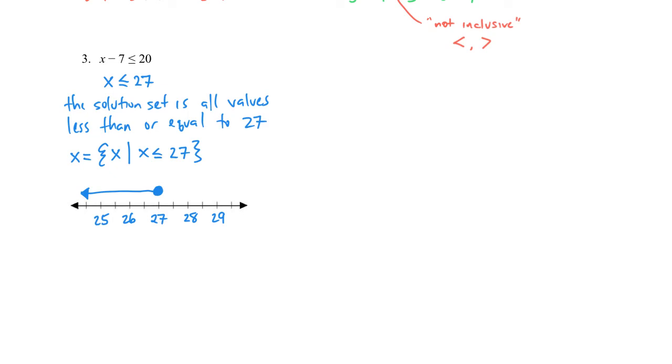Okay, so this right here, instead of not inclusive, this is inclusive. It means include that number. And we use that anytime we have less than or equal to or greater than or equal to. That's when we use a closed dot. So you'll have time to practice this, of course, and this will sort of set the stage for us to actually start solving equations and inequalities.